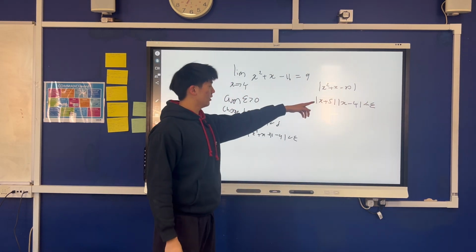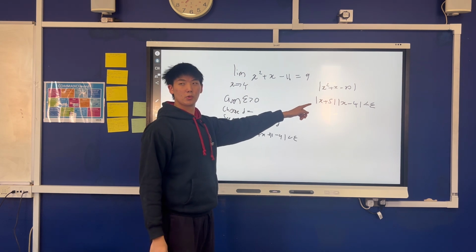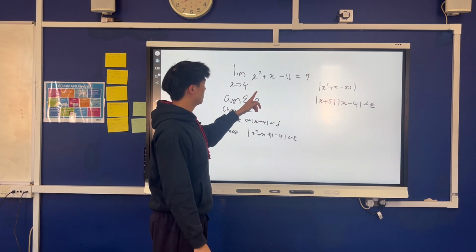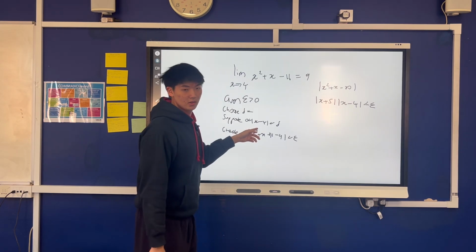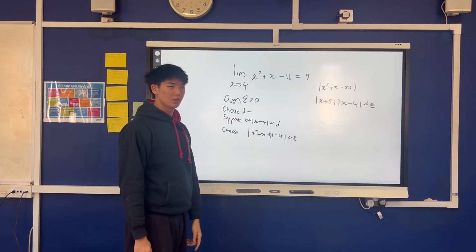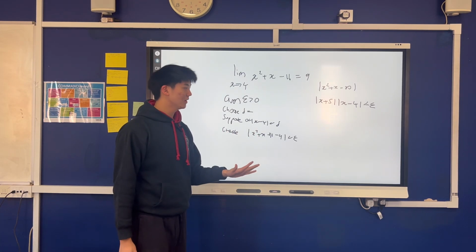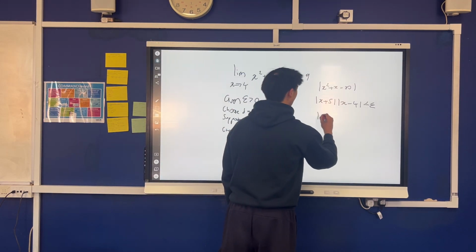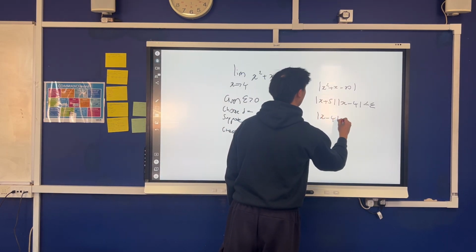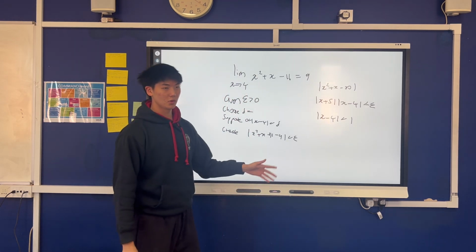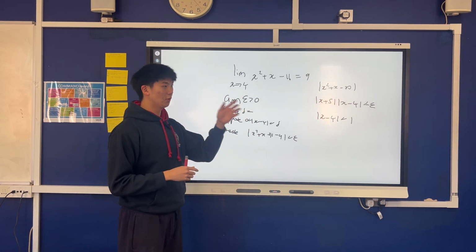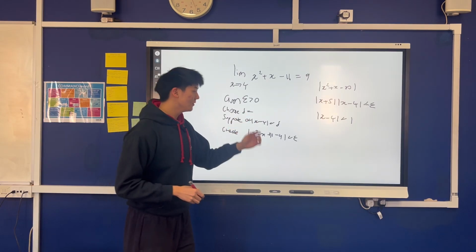So we've got some term which we don't want in here, which will prevent us from getting to this. So what we're gonna do is make the assumption that the distance from x to 4 is less than 1. We're making this assumption because we can make it really close to 4, if we want.